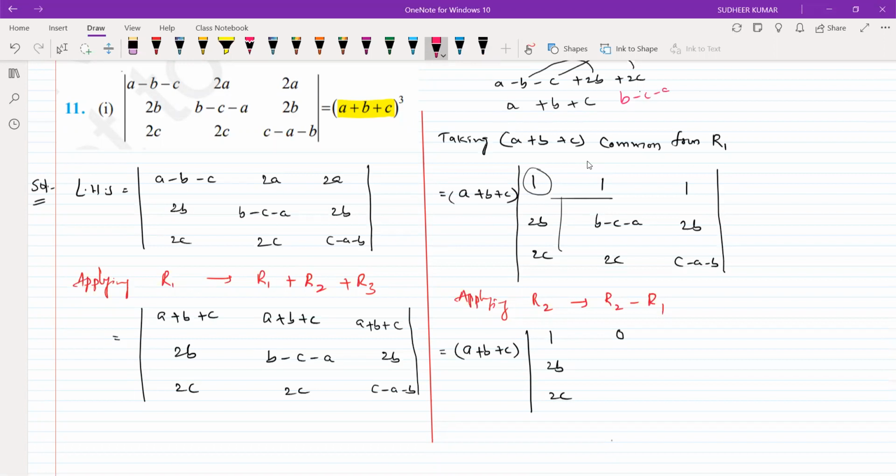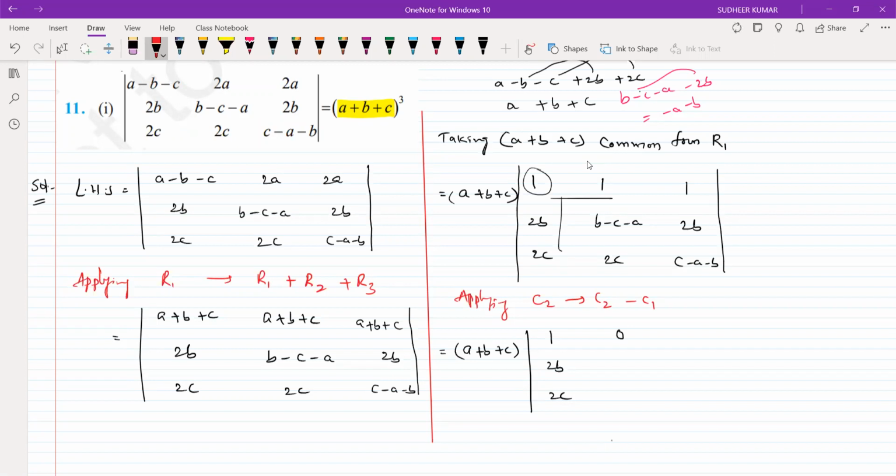B minus C minus A minus 2B, so the answer is minus. Sir, that means C2 minus C1, sir. Oh, yes. You have written R2 minus R1, sir. Yes, you're absolutely correct. Thank you, ma'am. So C2 changed as C2 minus C1, right?